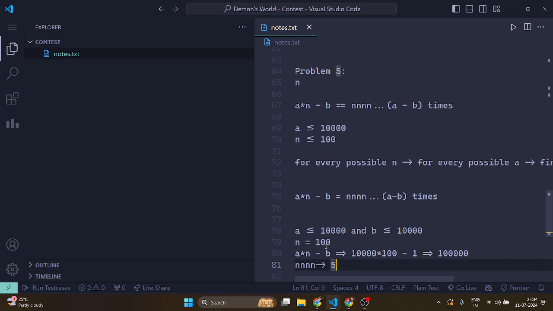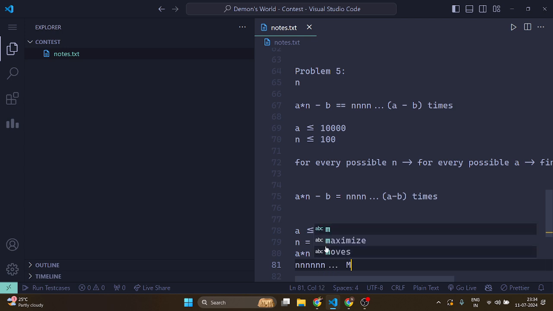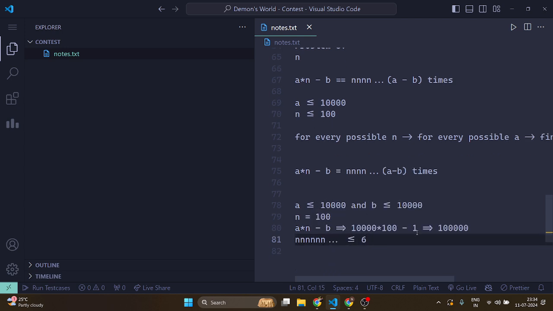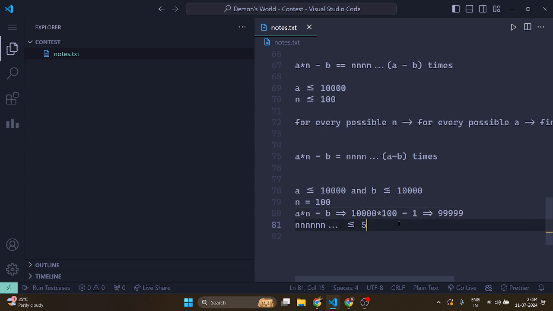So this value should not go greater than 6 digits. So the number of repetitions would always be less than or equal to 6, because at worst case a times n minus b will be 9999 times 100 or so. So it should be less than or equal to 5. Even if you do 6 or 7 for extra security, it won't cause any trouble to you. So it should be less than or equal to 5.